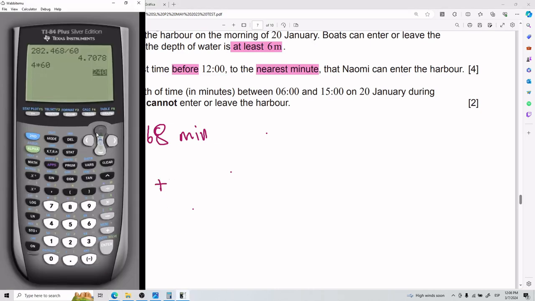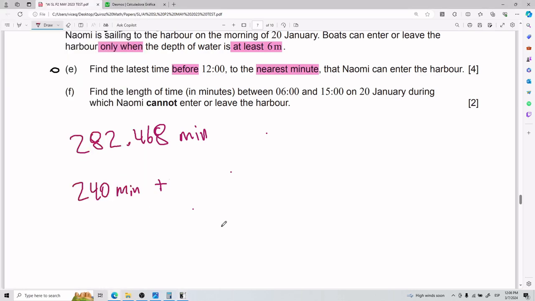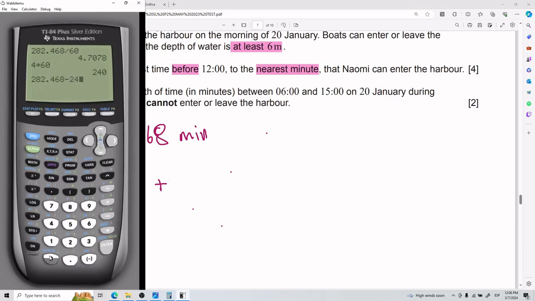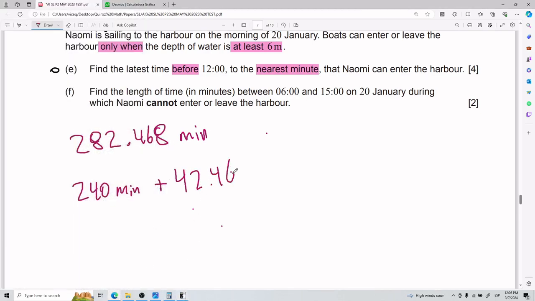So I can do 282 minus the 240. The remainder is 42.468 minutes. If you want to get really technical, this is 4 hours plus the 42 minutes.